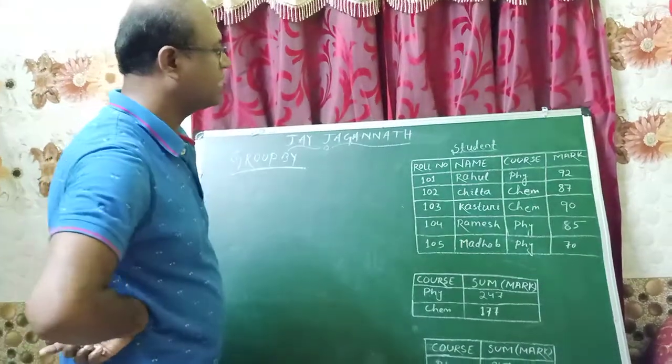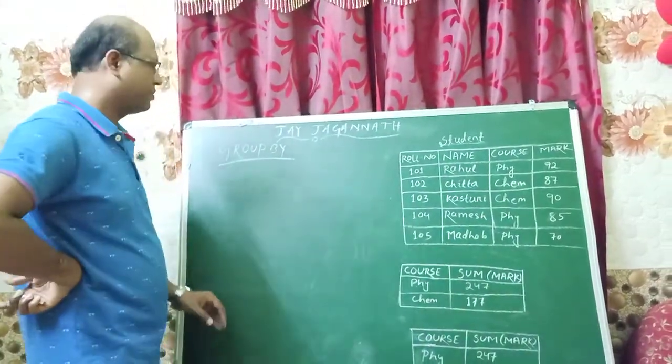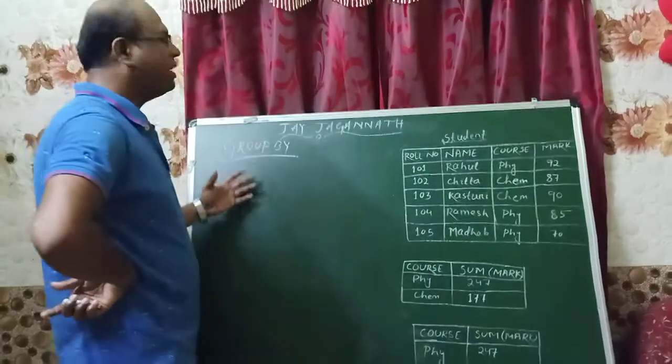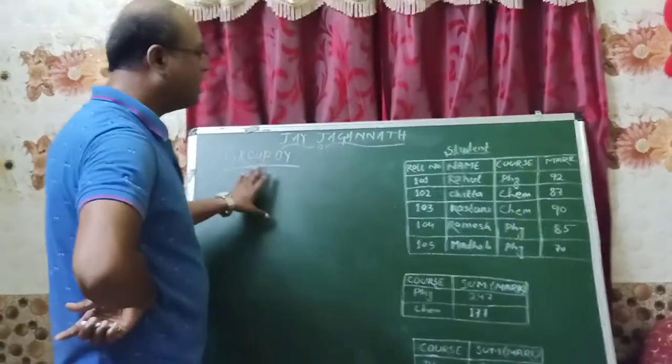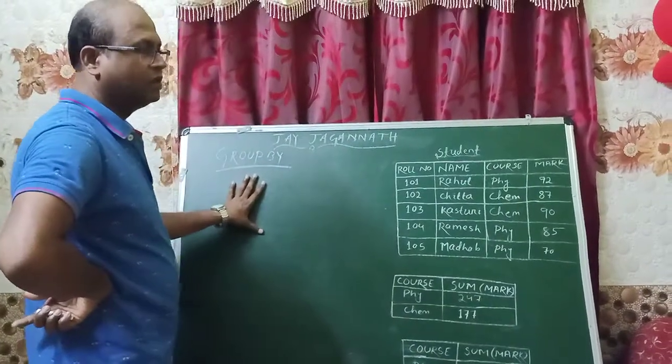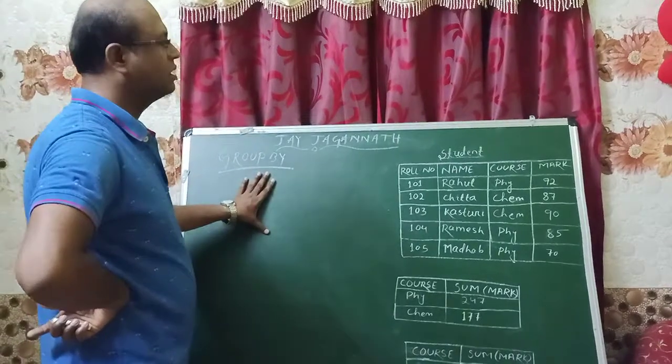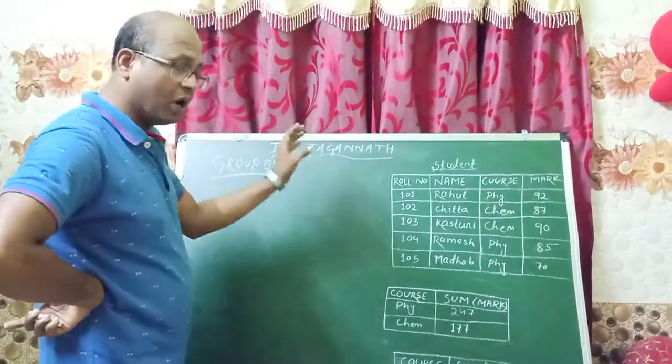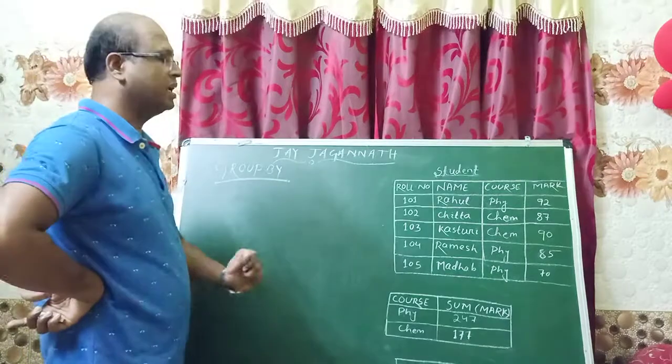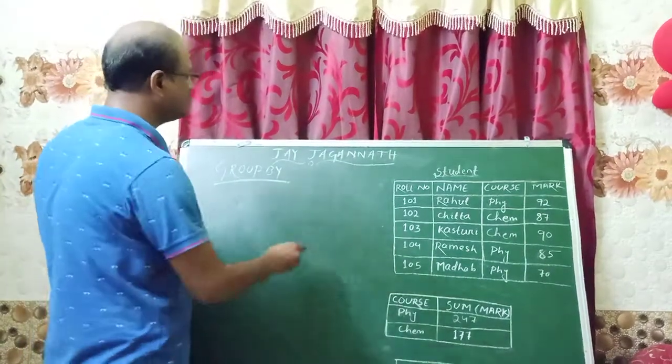That function is known as the aggregate function. Without an aggregate function, you cannot use the group by clause. When you use group by clause on a particular column, then you have to use the aggregate function. What is the aggregate function?